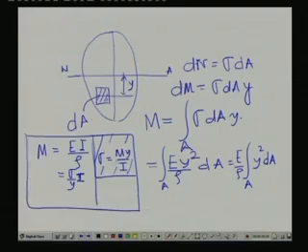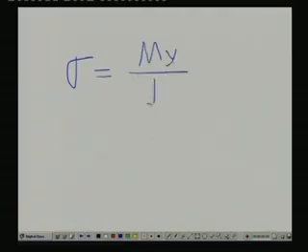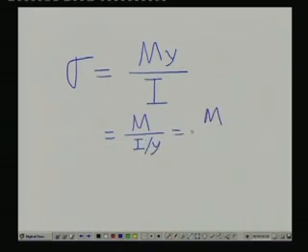So, we have got a very important relationship, that is called sigma equals M y by I. Now, if we go one step ahead, this comes out to be M divided by I by y, and this gives an important relationship which is called M by Z. Now, what is this Z called?